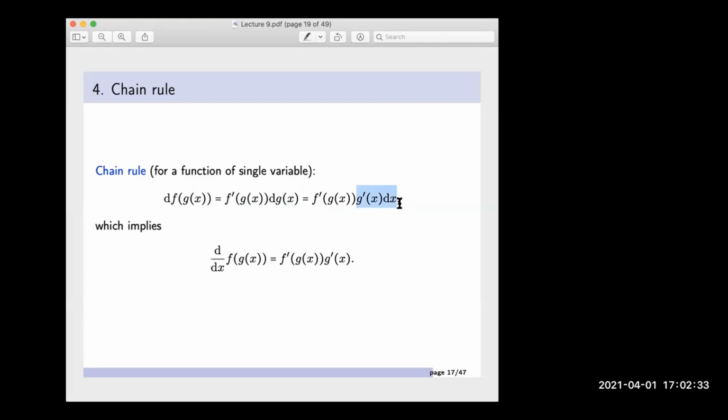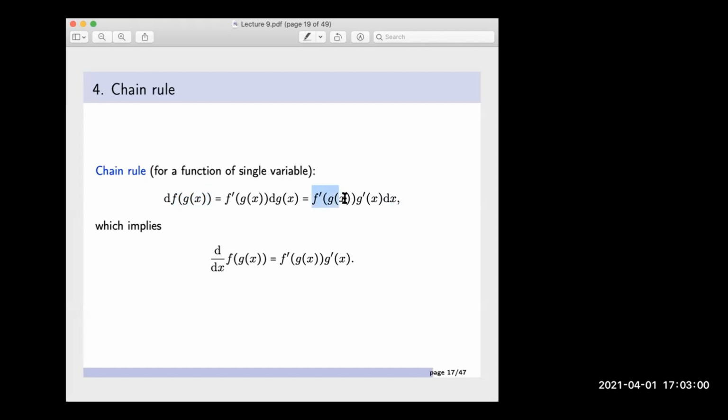But g is also a function, therefore the change of the function value g would be equal to the derivative of g times dx. And this is called the chain rule, because this formula, if you look at the left side and only the right side, omitting the middle part, tells you how much this composition function changes if the variable x changes. If variable x changes, the composition function would change by this amount.